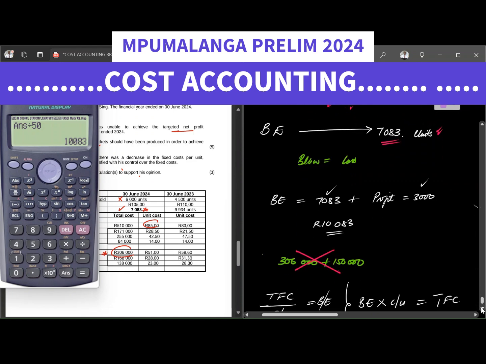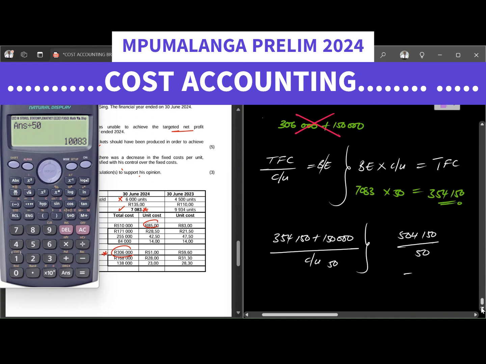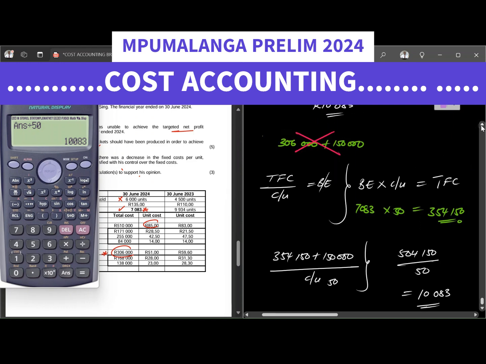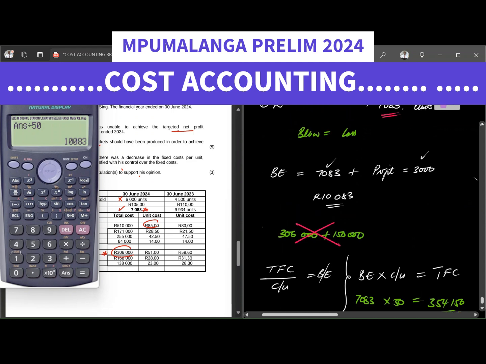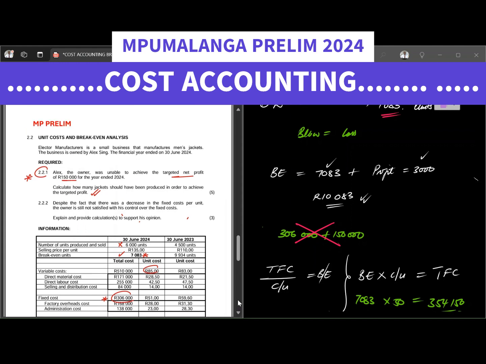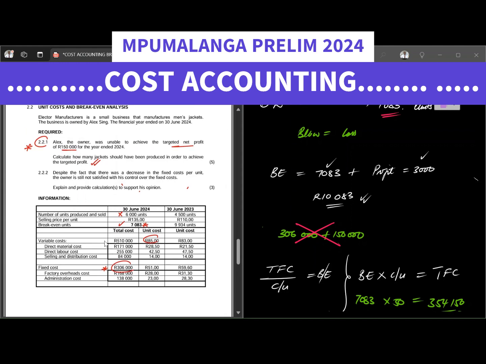I simply say 504,150 divided by 50, and we ended up with 10,083 units, which is the same as what we would have got using the other simpler method. This was a very interesting one in the Mpumalanga prelim paper because the business here was producing below break-even point.